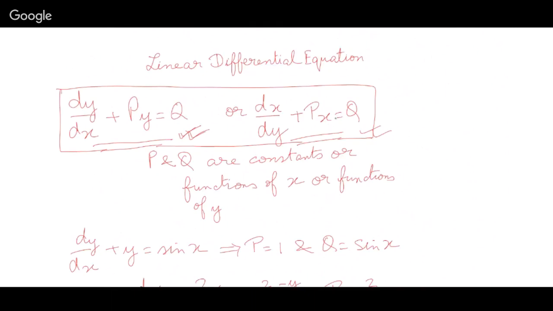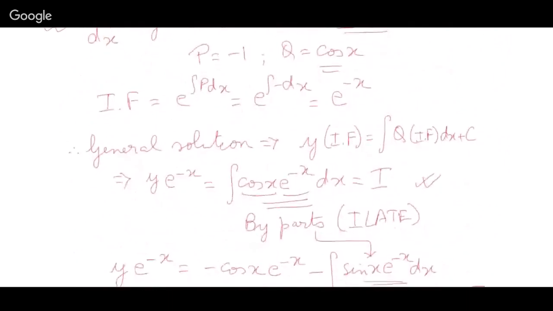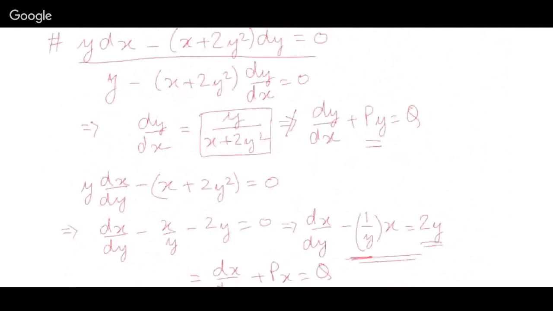If not, then we'll have to rearrange it and check whether the given differential equation is of the form of a linear differential equation or not. Just like in the case of the last example, where we checked by dividing by dx first and then by dy next.